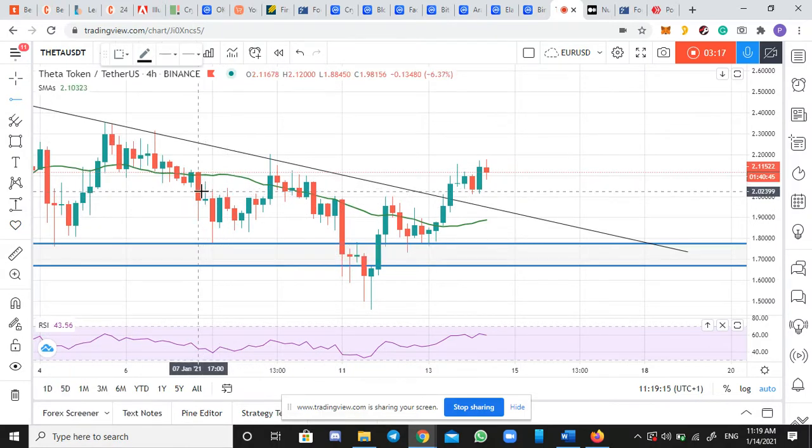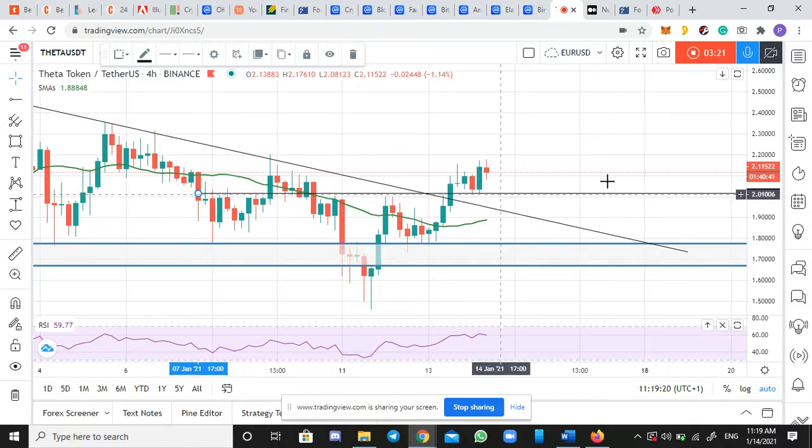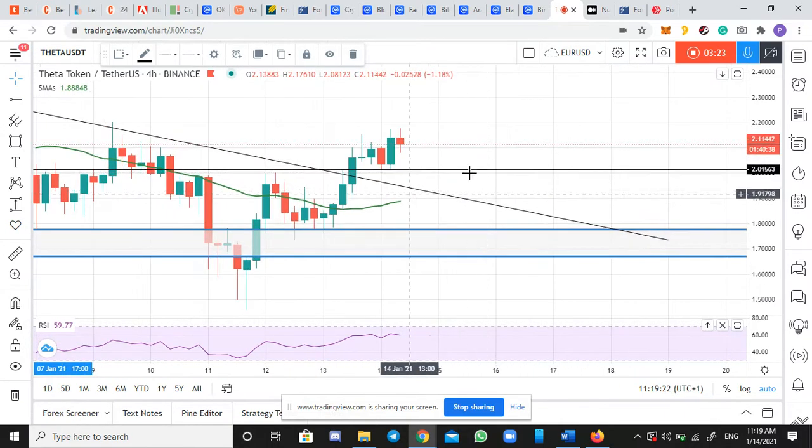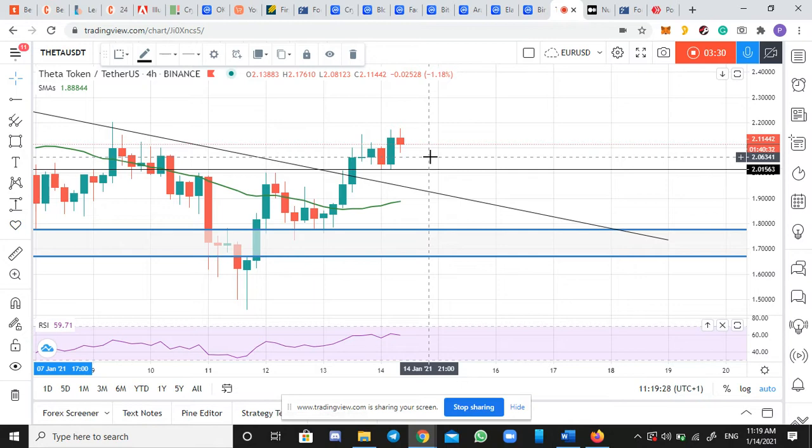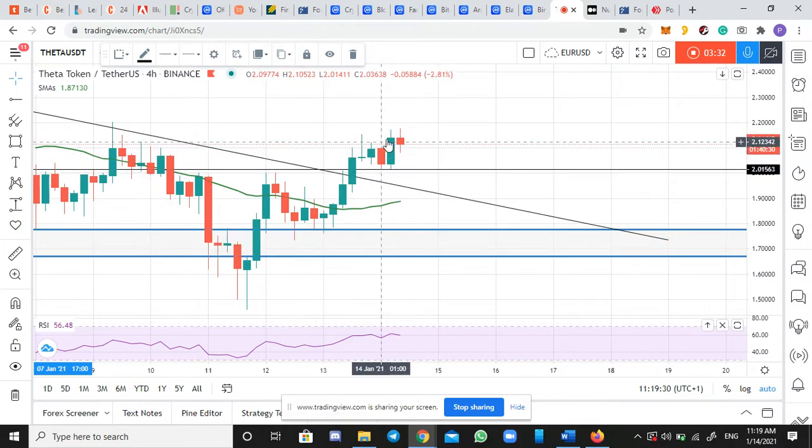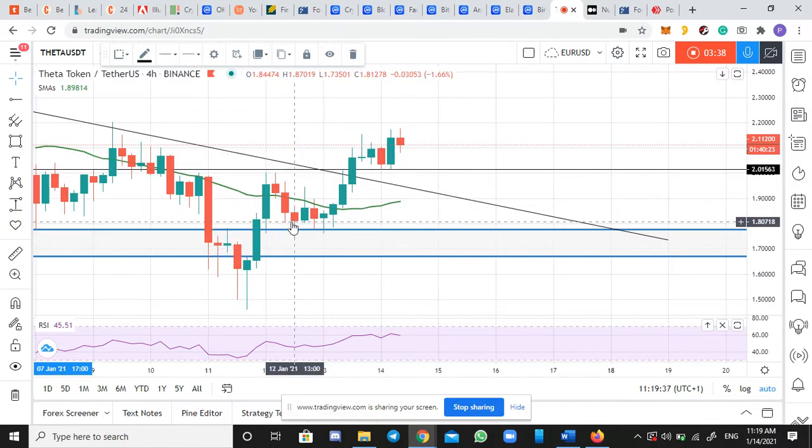So price was rejected here, with a tweezer bottom, or I don't know if there's something we call an engulfing tweezer bottom, but this is the tweezer bottom, and this candle practically engulfed this one. So this is a good signal for me.